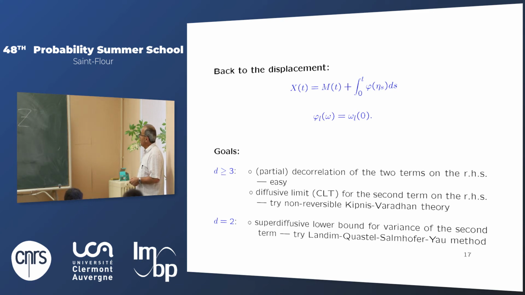Again, we do exactly what I started my lectures with more than a week ago: you write the displacement as a sum of a martingale and an integral over the trajectory of this Markov process, where the Markov process is eta s, which I explained already in much detail, and the function phi you have to integrate is a very simple looking one, namely phi of omega is omega at 0, right? But you have to integrate this along the trajectory, and what is done here I could probably skip because I explained it in my introductory lecture.